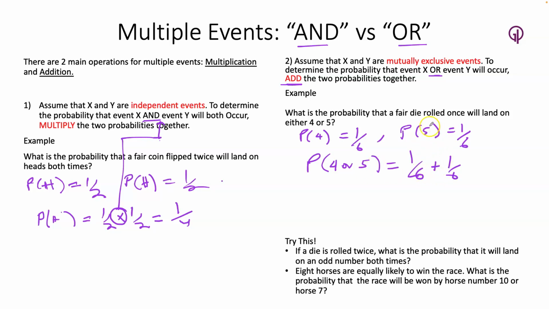So notice here that in this particular example, we are using the operation OR, addition, plus. Earlier it was multiplication, so take note of the difference. Therefore, the probability that the die will land on either 4 or 5 is 2/6, which is equal to 1/3. Now try your hands on these questions here.